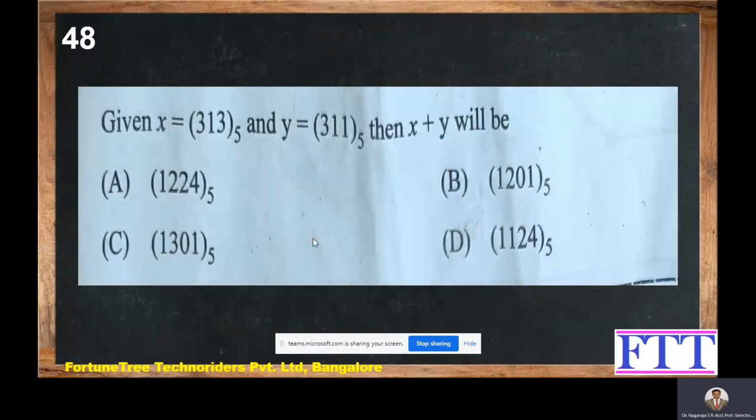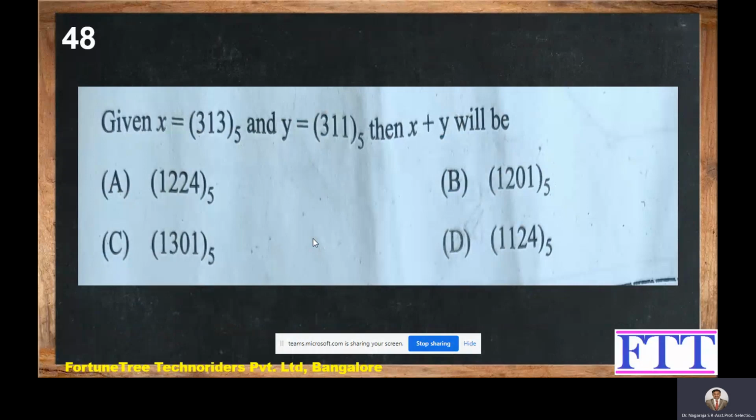48th question. So given x is equal to 313 base 5, and y is equal to 311 base 5, then x plus y will be option A, 1224 base 5, option B, 1201 base 5, option C, 1301 base 5, option D, 1124 base 5.